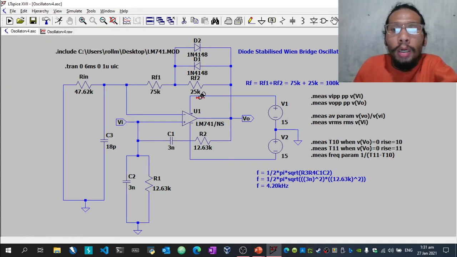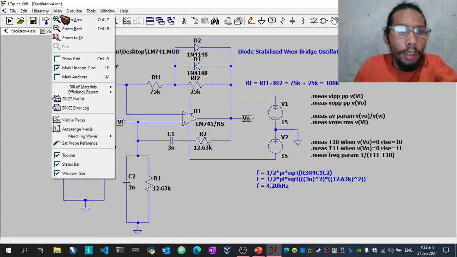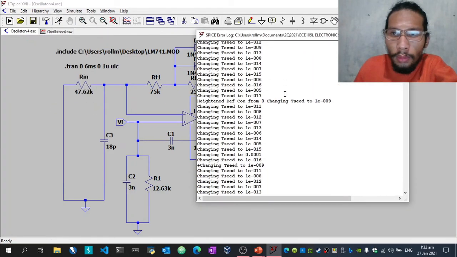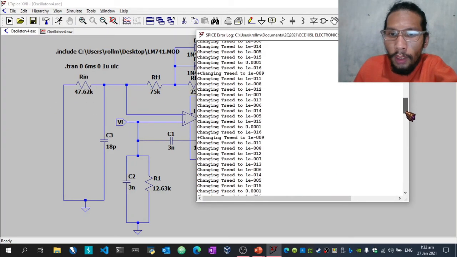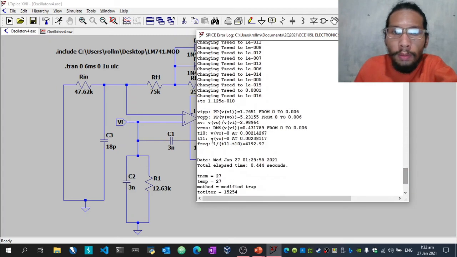To check the values obtained by these spice directives, we can click on the view option and click on spice error log, and that gives the values of the spice directives.